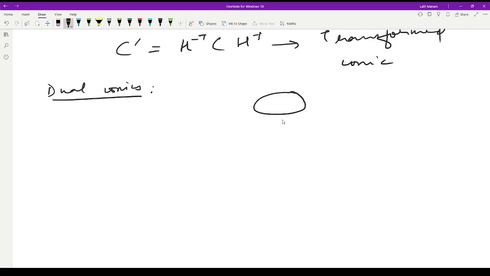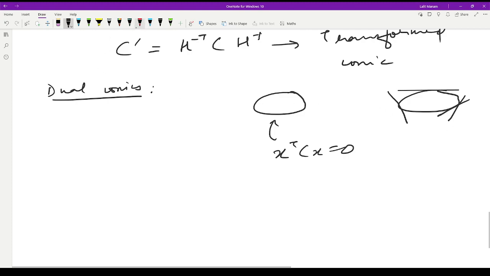If you have something like this, it was represented by x transpose Cx equals 0, and if you have a similar diagram like this, but now with multiple lines which are tangent to this, then the whole conic can be represented with these tangent lines, right?